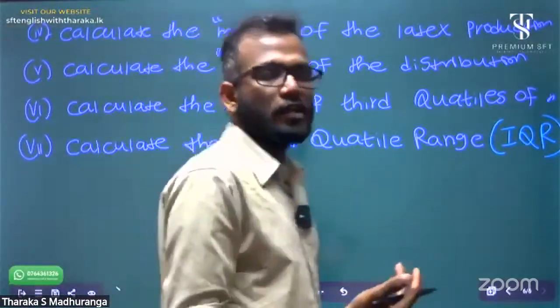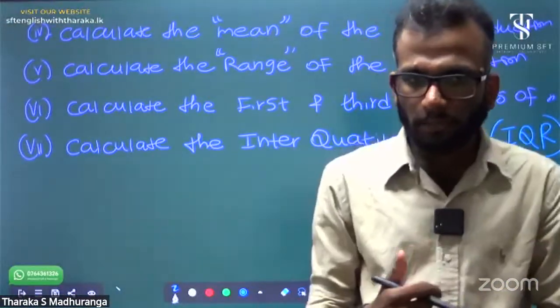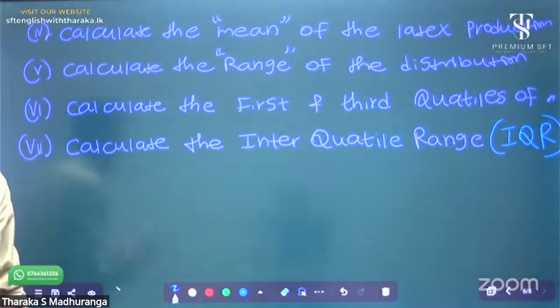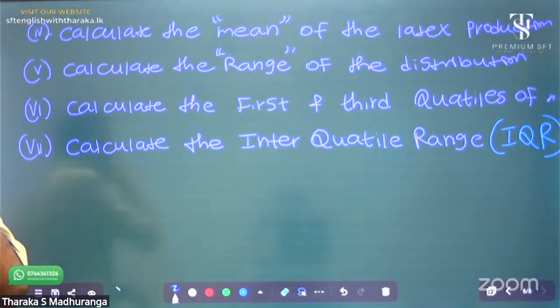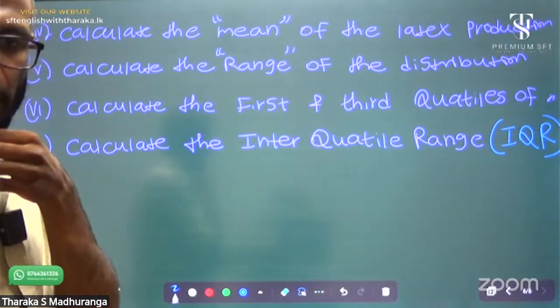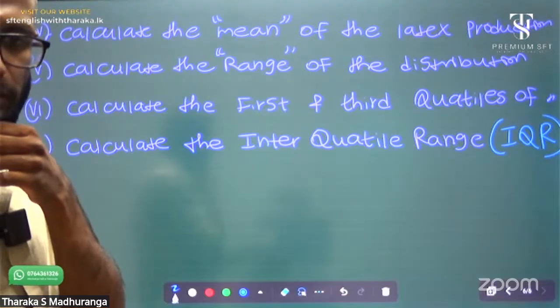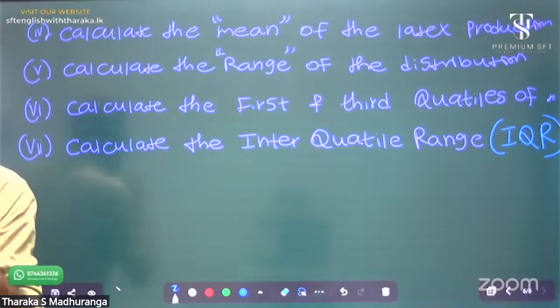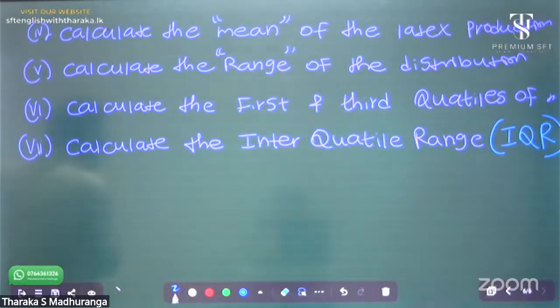Final one, calculate the IQR, interquartile range. Done, complete?